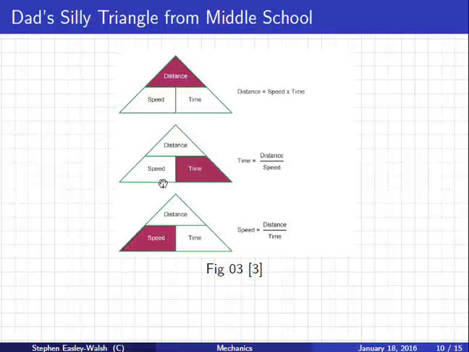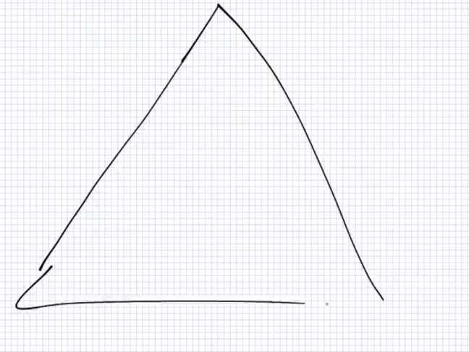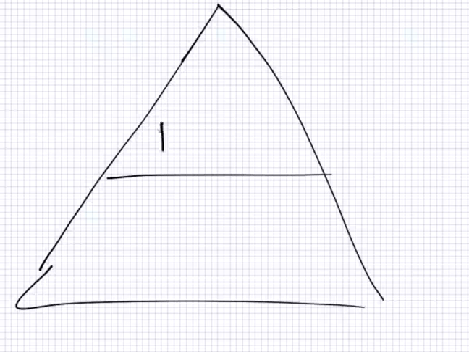But distance can only be positive. So in my example, if this goes up and then back down, the S is 0. But the distance is not 0, because it travels 1 meter and then another meter.